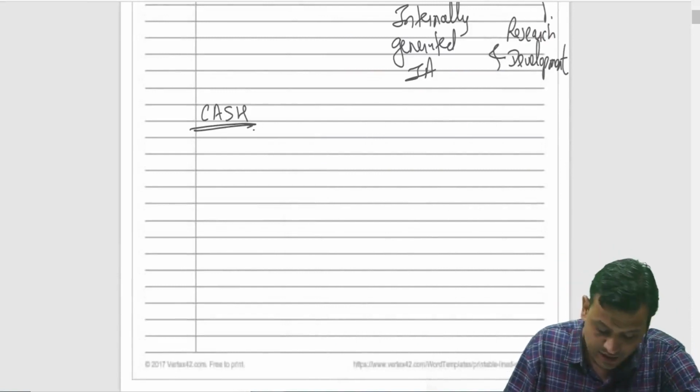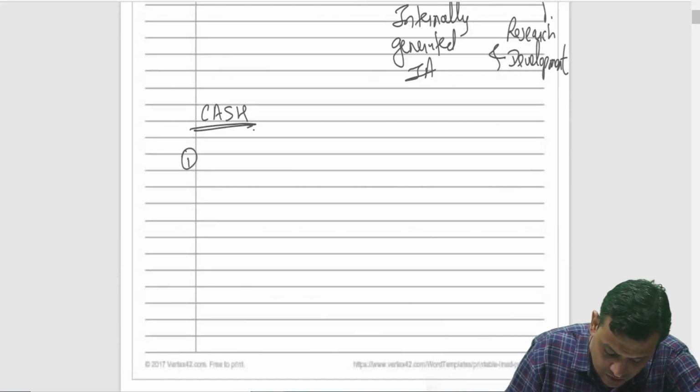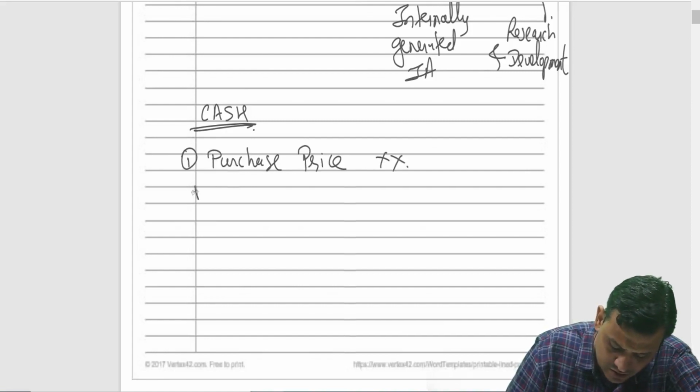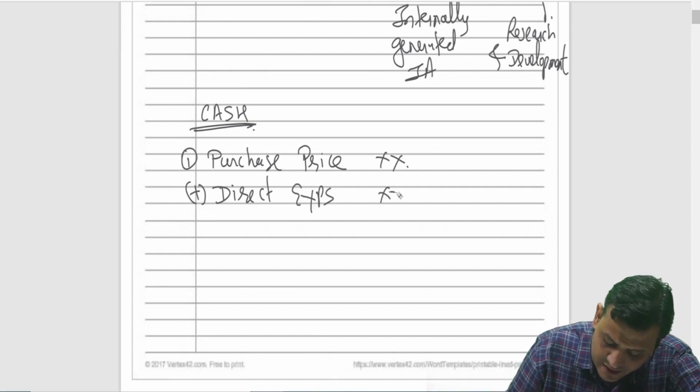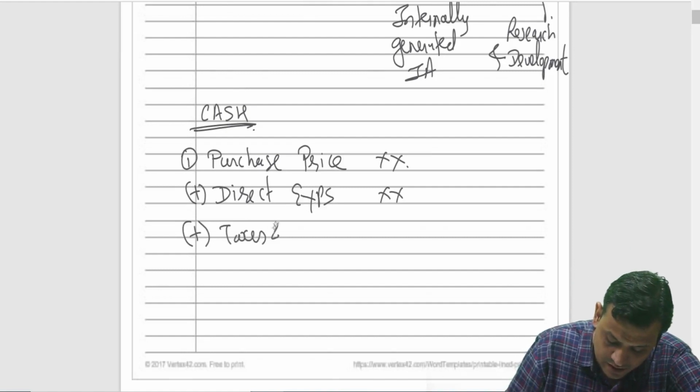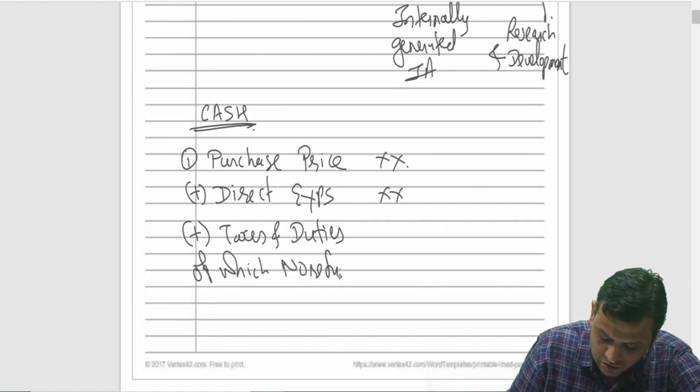Intangible asset acquired on cash basis: the purchase price, whatever price I have paid, net of trade discount, plus direct expenses which are necessary to bring the intangible into working condition, plus taxes and duties of which no refund or credit shall be claimed.